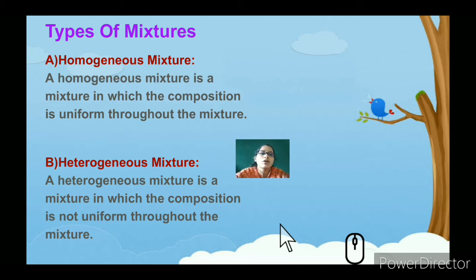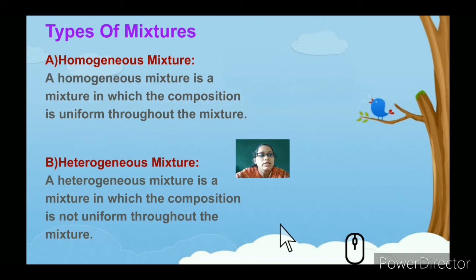It has combined with the water molecules. When the composition is uniform throughout the mixture, and you cannot see any difference in the sugar and water solution, it is known as a homogeneous mixture.